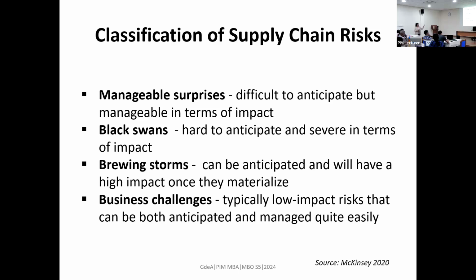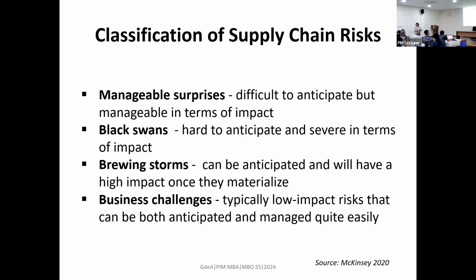So manageable surprises is where it's difficult to anticipate, but manageable in terms of impact. Sometimes there can be certain things that can go wrong. You may not be able to anticipate, unknown, but you can manage it. Let's say you suddenly have some industrial unrest in the factory.